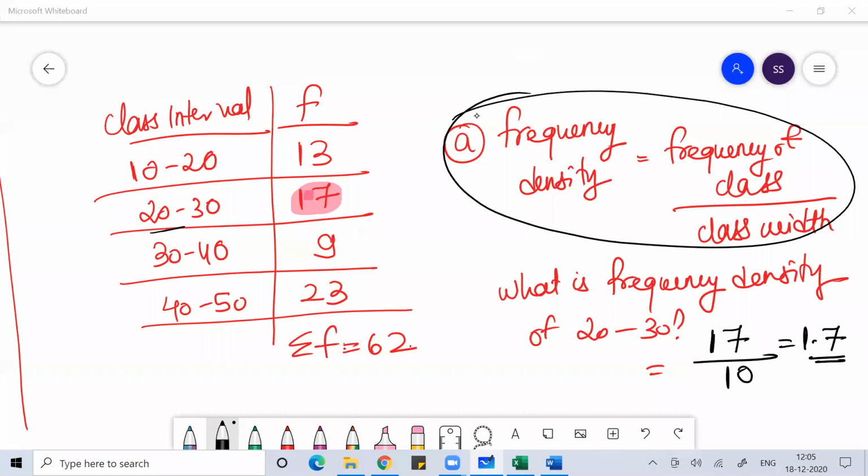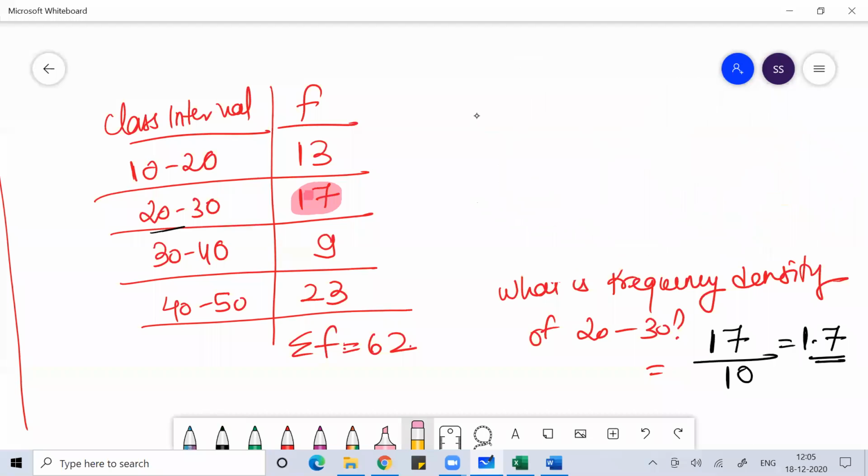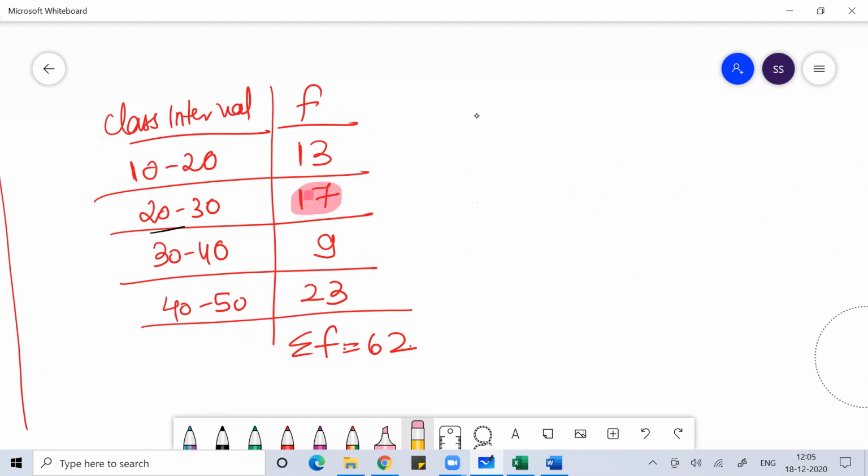Once you understood frequency density, the next term we'll try to understand is the relative frequency.